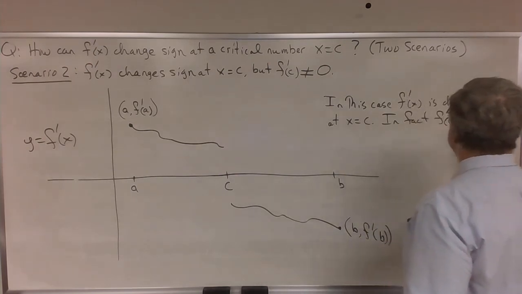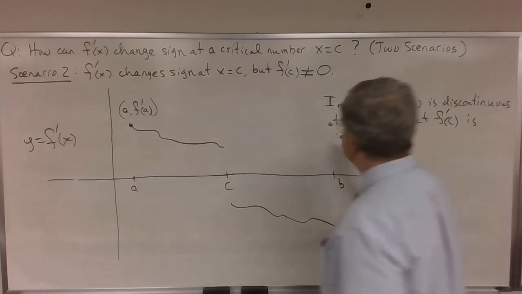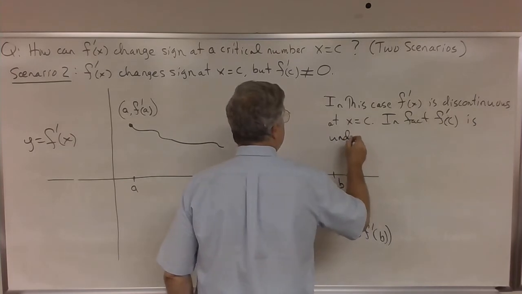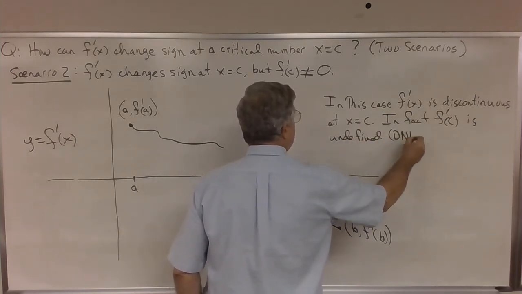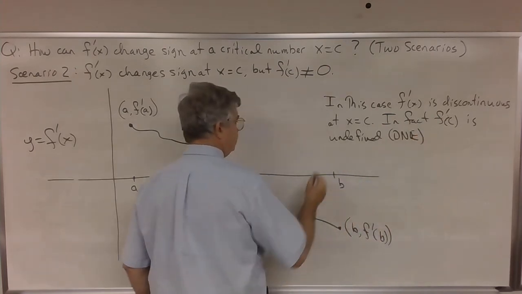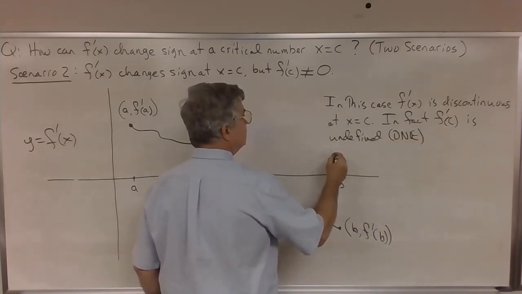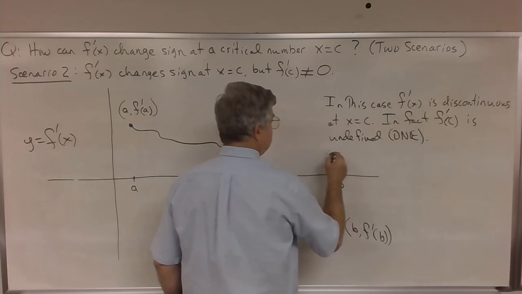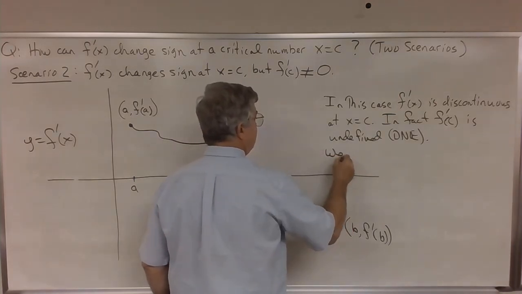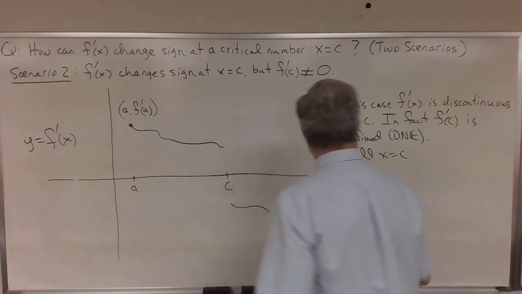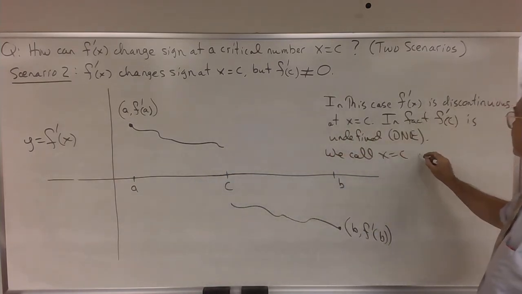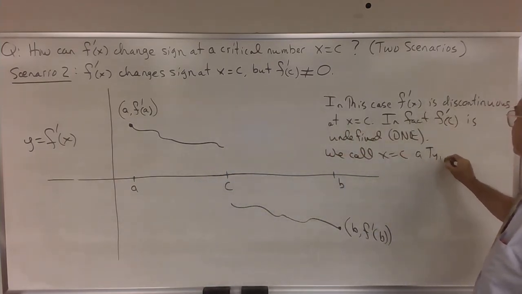So in this case, f prime of c is undefined, does not exist. So in this case, we call x equals c a type B critical number.